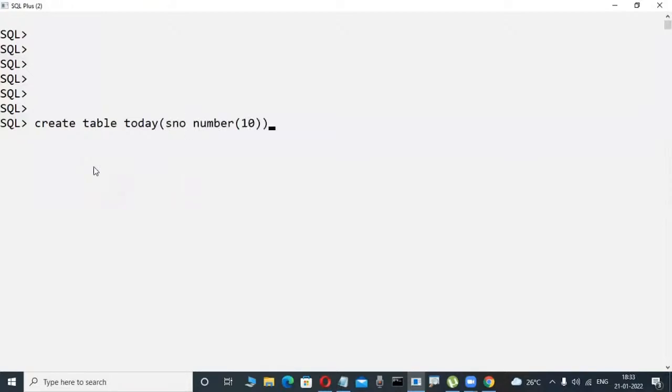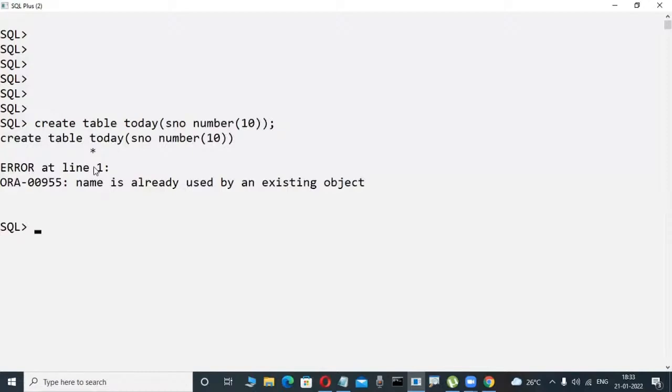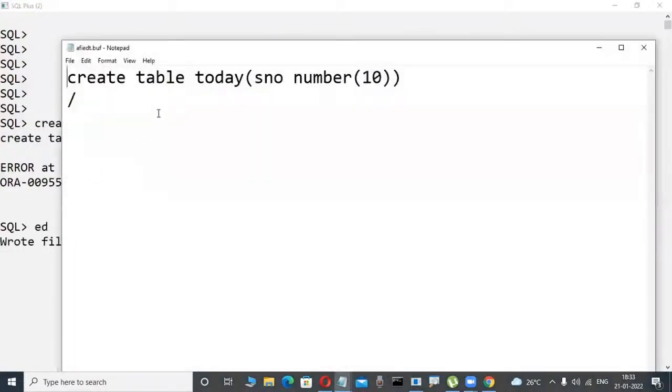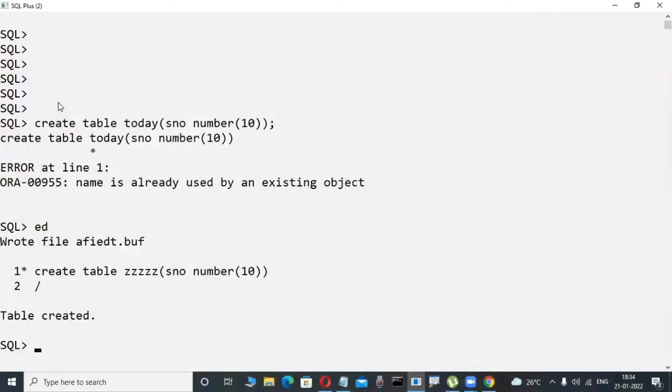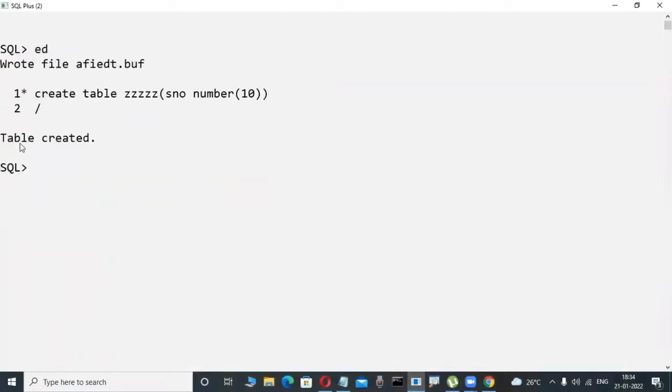Slowly observe it here, concentrate here. Suppose Z is a table. For example, I am creating it. Okay, this table is created.